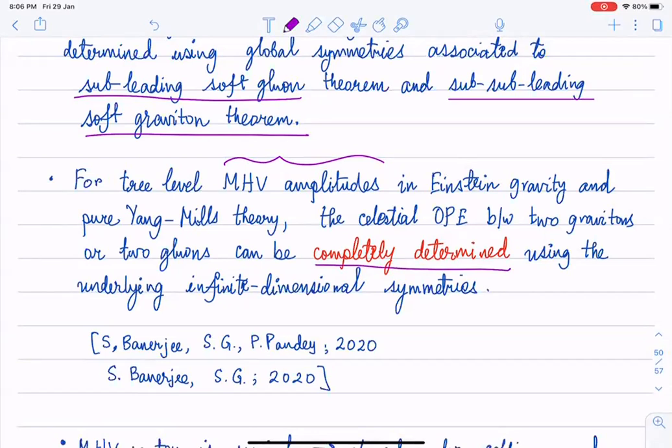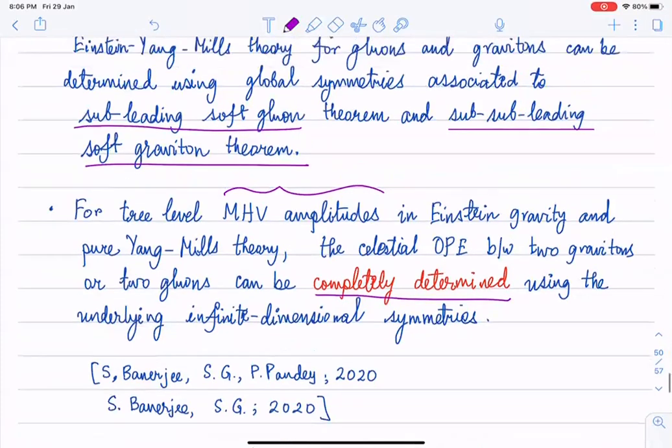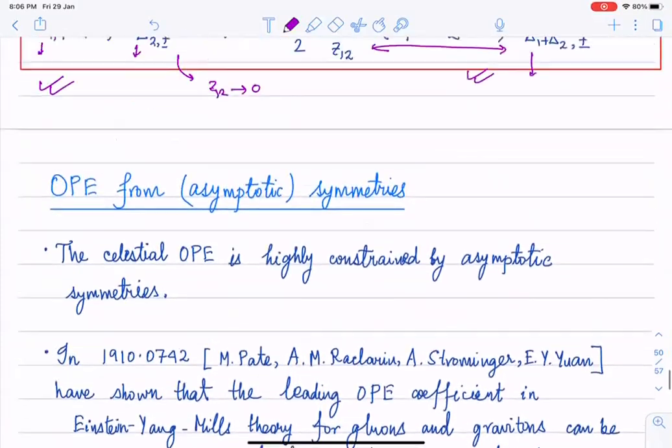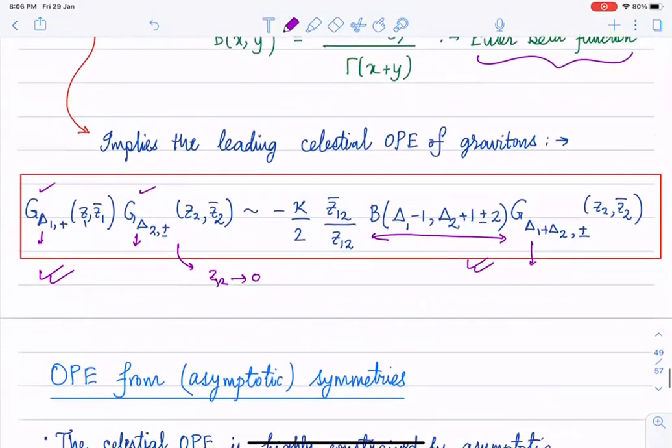So in this case, what do I mean by completely determined? Basically, what Strominger and collaborators showed is that from the asymptotic symmetries which they considered, you can determine the leading OPE coefficient.